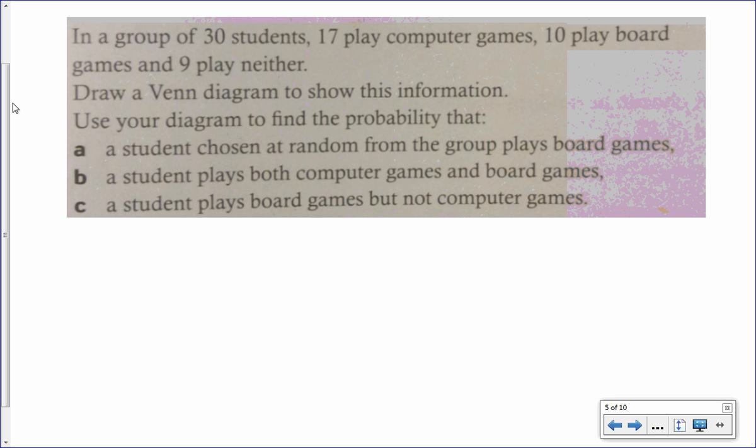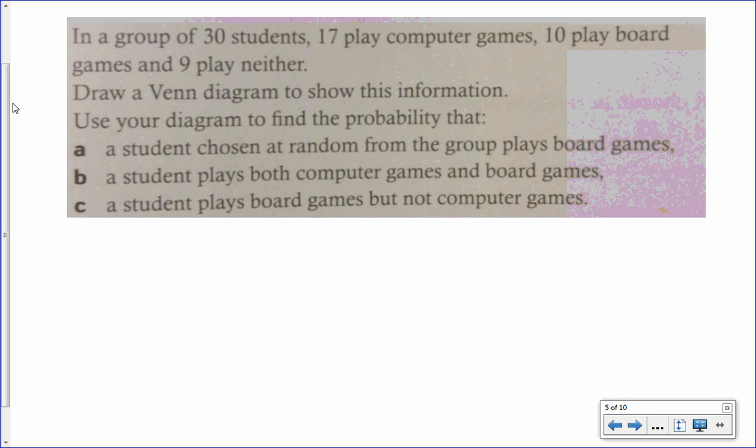We know only that 9 students play neither, and let's label this one computer games and this one board games. Then 9 can be outside of those two circles, but still inside of the sample space or the universal set. I'm going to call the middle region, the intersection region, X, because I don't know how many people are in it. Now, the 17 people that play computer games do not go here in the C circle, right?